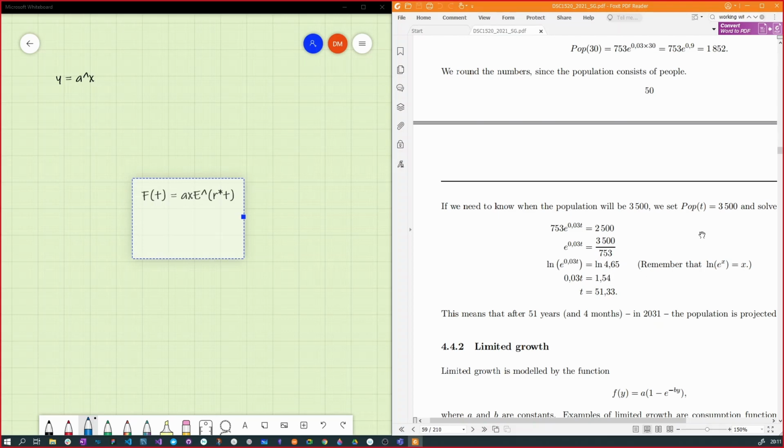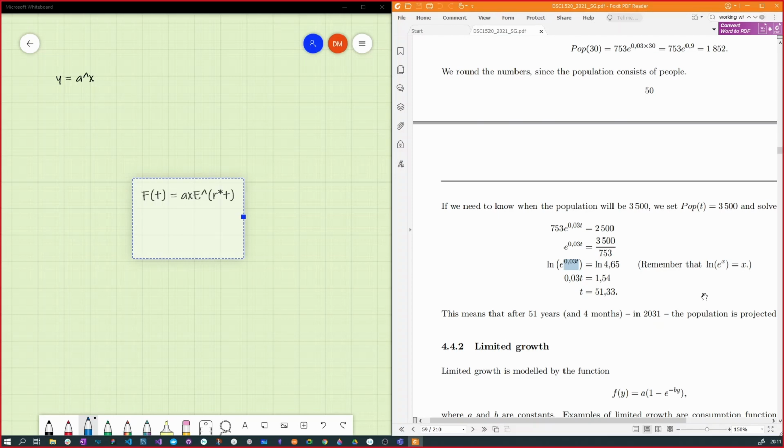the logarithm of both sides, right? So the logarithm of this 3,500 divided by 753, and the logarithm of Euler's number to the power of this specific variable gives us this line here.